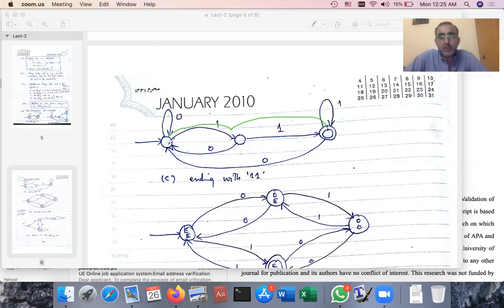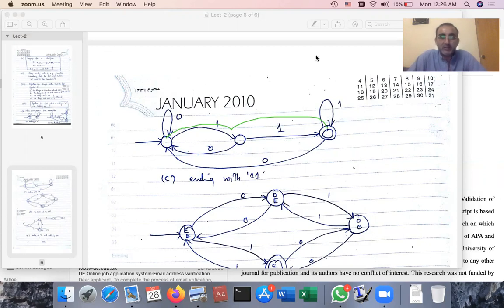And if the string would be triple one, triple zero, triple one, which is a valid one, so triple one like this one, I have to put one here. Triple one, triple zero, and then again triple one. So this string is giving me further clues to finalize my finite automata. In this way you have to think.